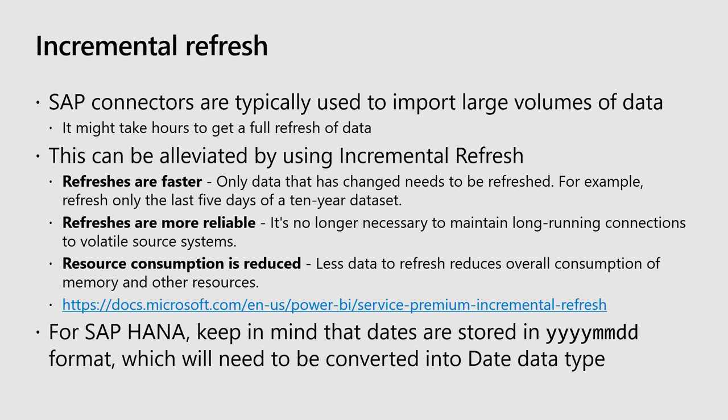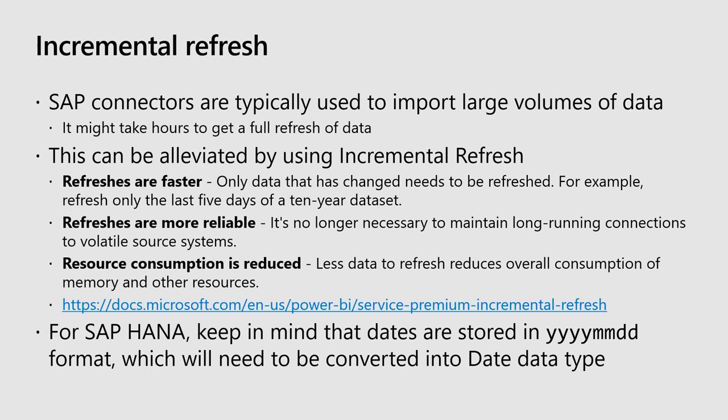One thing people don't realize, especially when you're using multidimensional mode, but this is the import option, is you can use incremental refresh. A common issue that people raise is, hey, I'm working with this HANA model, it's got millions of rows, it takes over 5 hours to refresh the data set, and hence it fails, because 5 hours is the limit on the refresh. So what you can do is you can use incremental refresh.